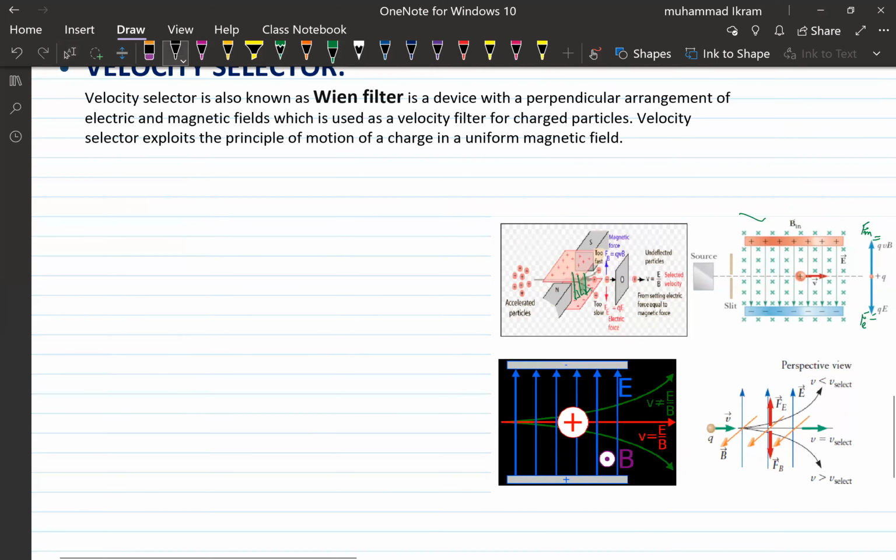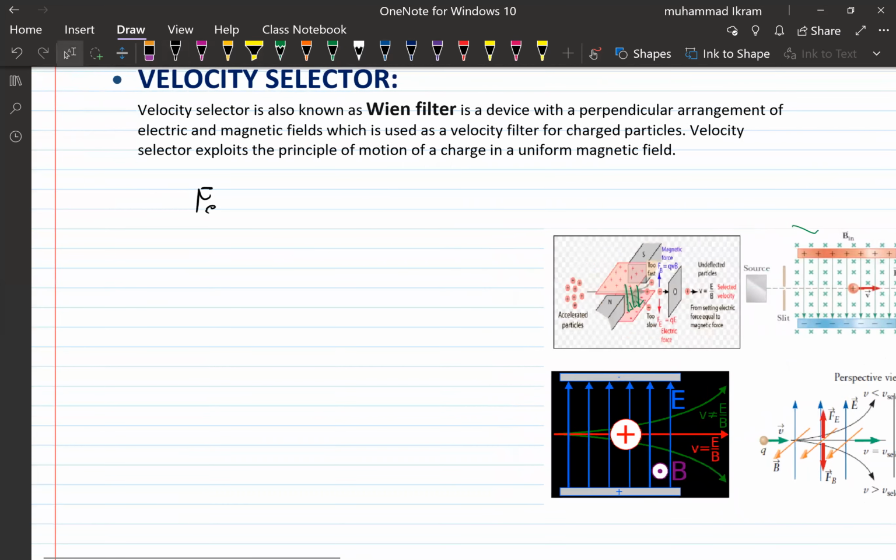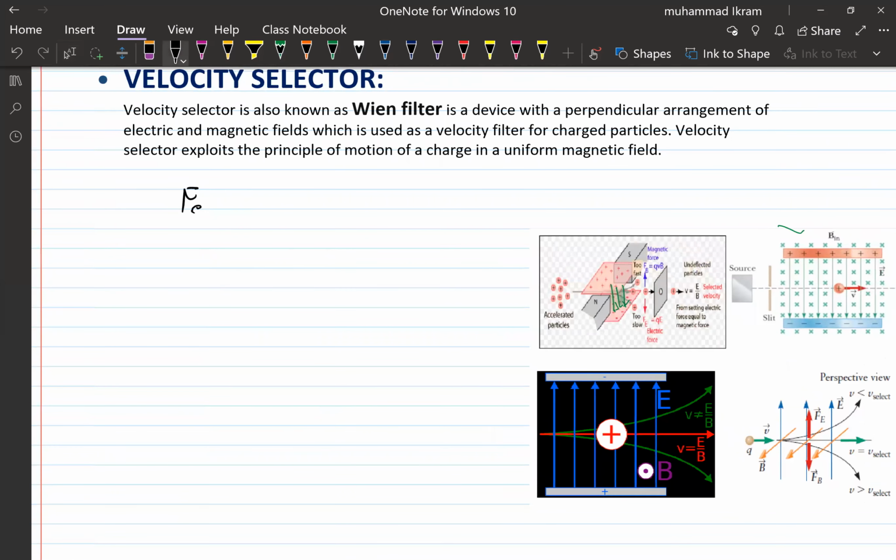We know that the electric force which accelerates the charged particle is equal to QE, where Q is the charge and E is the strength of the electric field, or the electric field intensity. And the second force which acts on it is QVB.